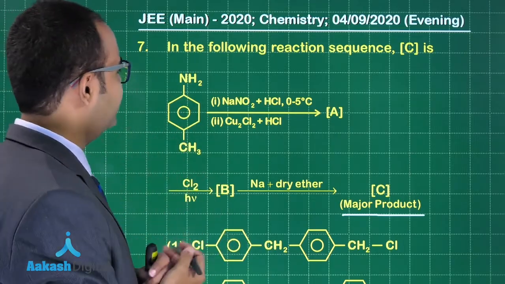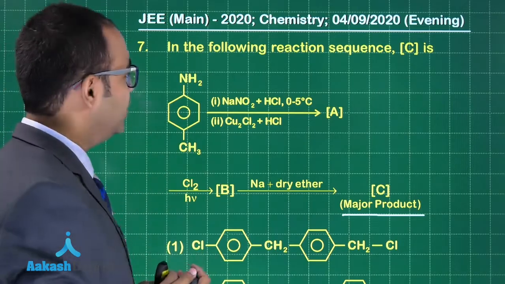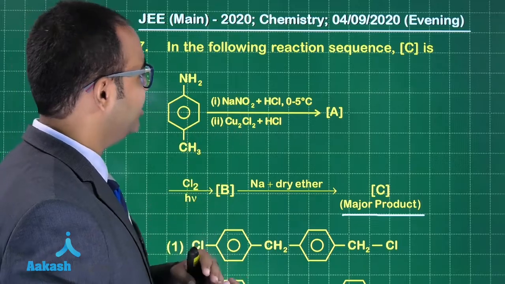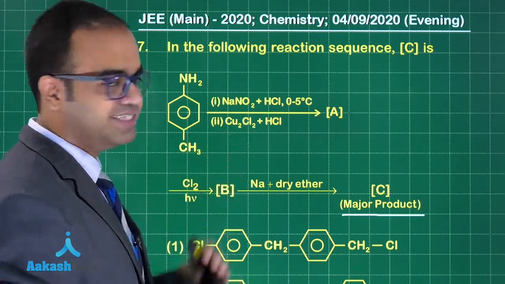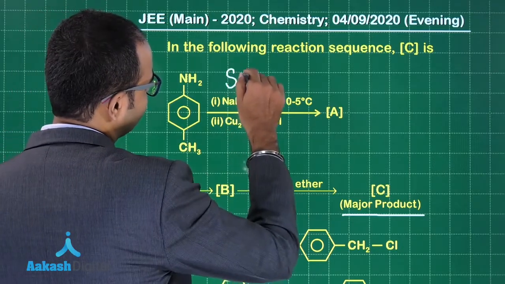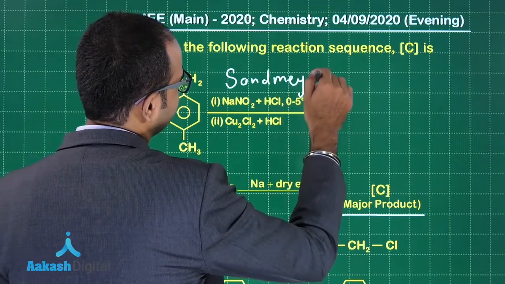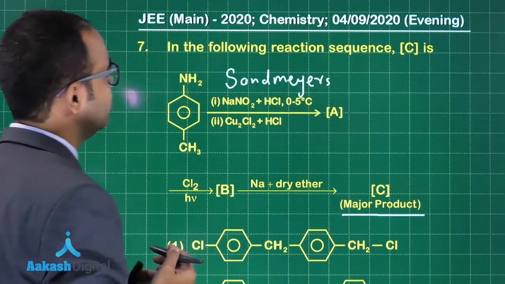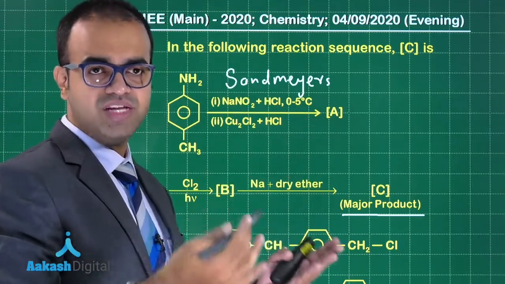This is para-toluidine. We are carrying out diazotization of this, followed by Cu2Cl2 plus HCl. So what reaction is this? This is Sandmeyer's reaction, guys. We are going to convert NH2 to Cl, right?